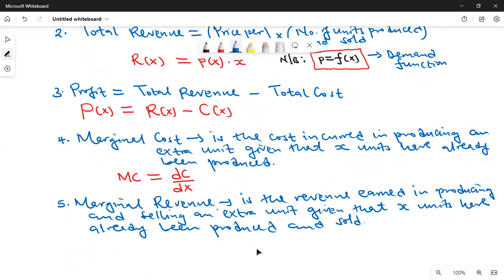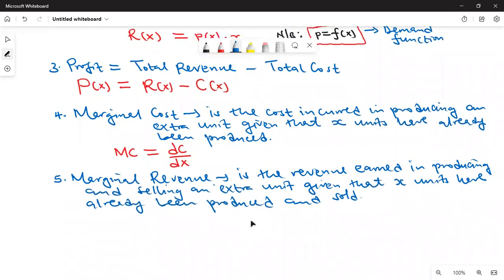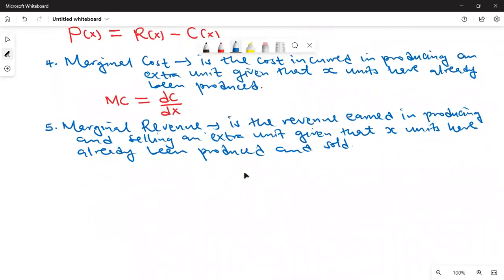How much will you earn as a result of producing that extra unit and also selling it? That is what you're calling marginal revenue. And in calculus, marginal revenue, which we are going to denote by MR, is equal to the derivative of the revenue function with respect to X.